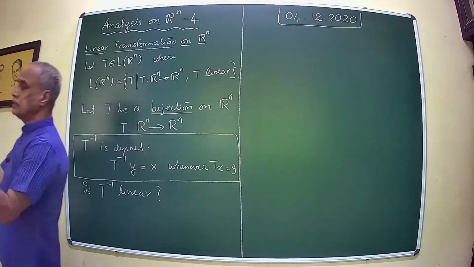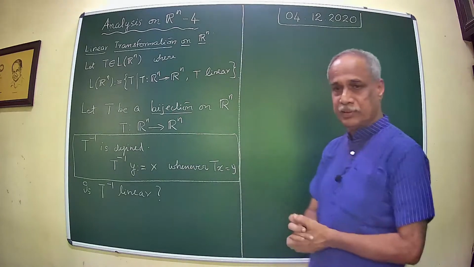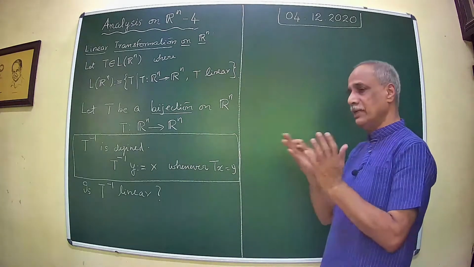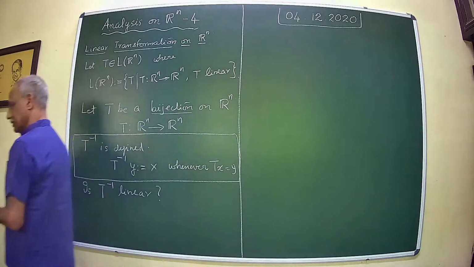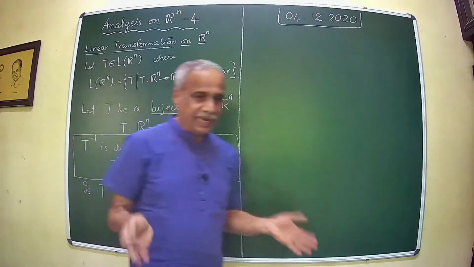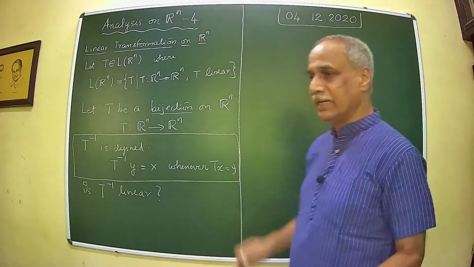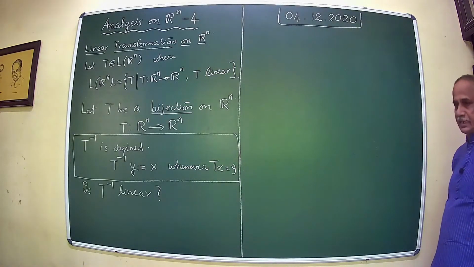So that map is well defined. But you know that T is a linear map, and you are working on a linear space. Therefore, you have some expectation that some of the nice properties that T has will also be inherited by T inverse. So the question is, is T inverse linear?